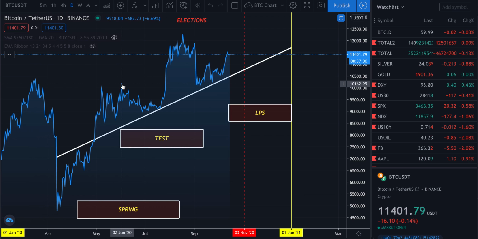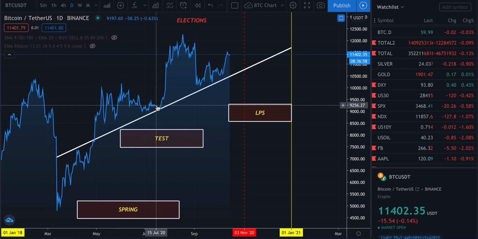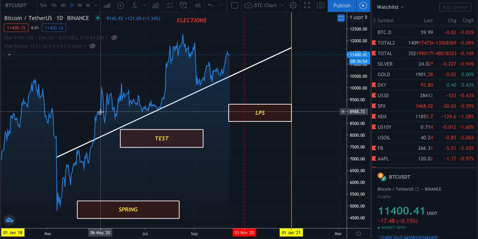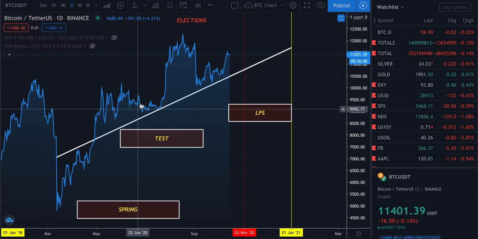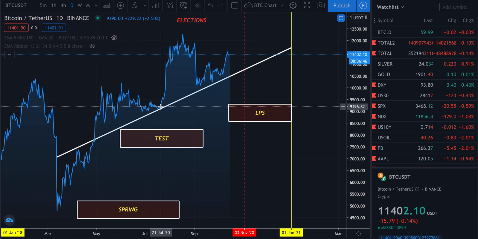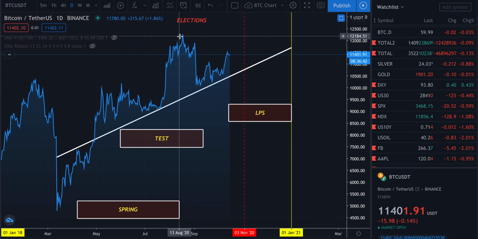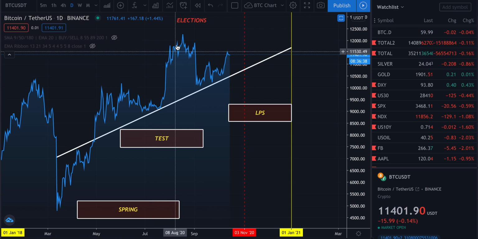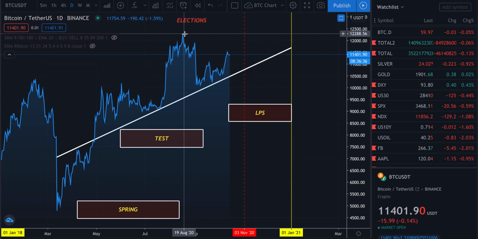Once we got around there and got rejected, we entered a consolidation range, which went from about 10,100 all the way down to as low as 8,500. We traded sideways in that area for quite a while until things got a little bit too tight, and then we bounced back up.